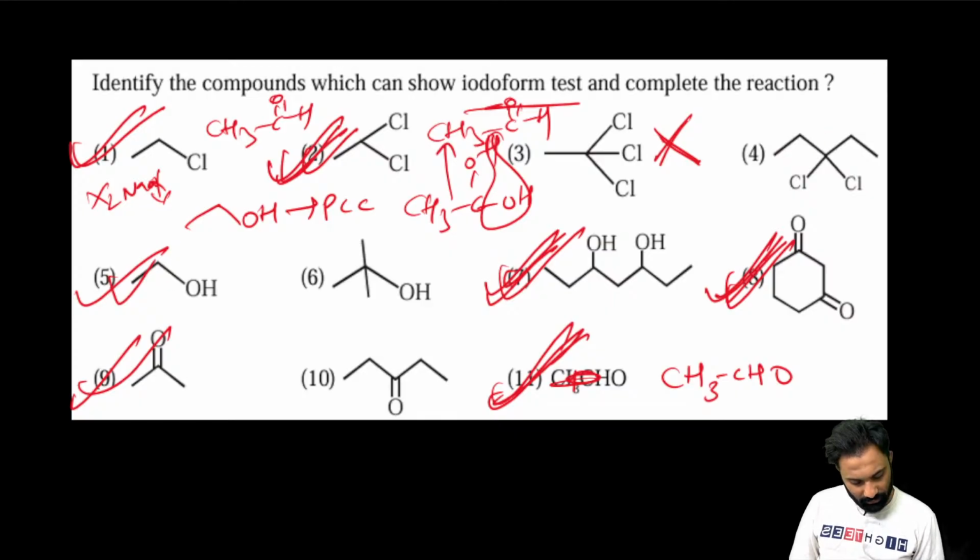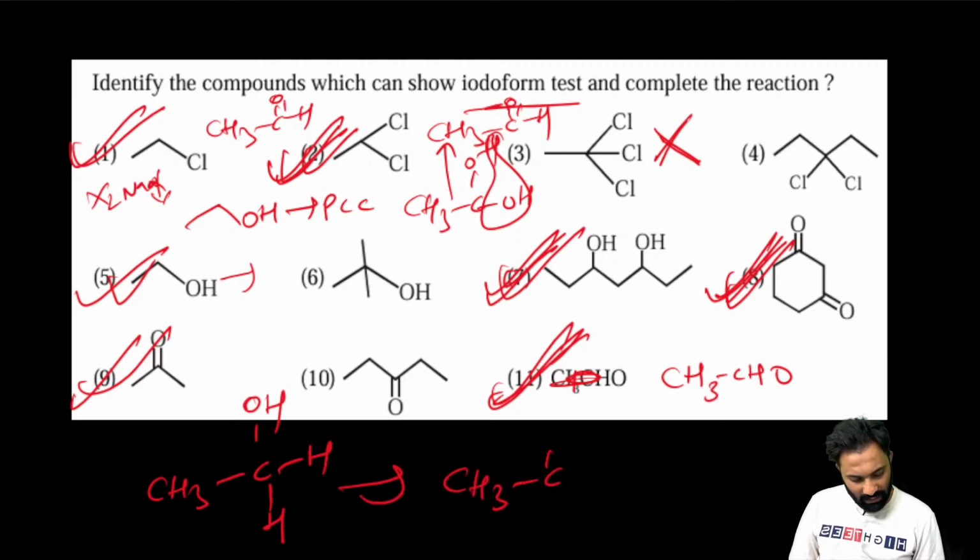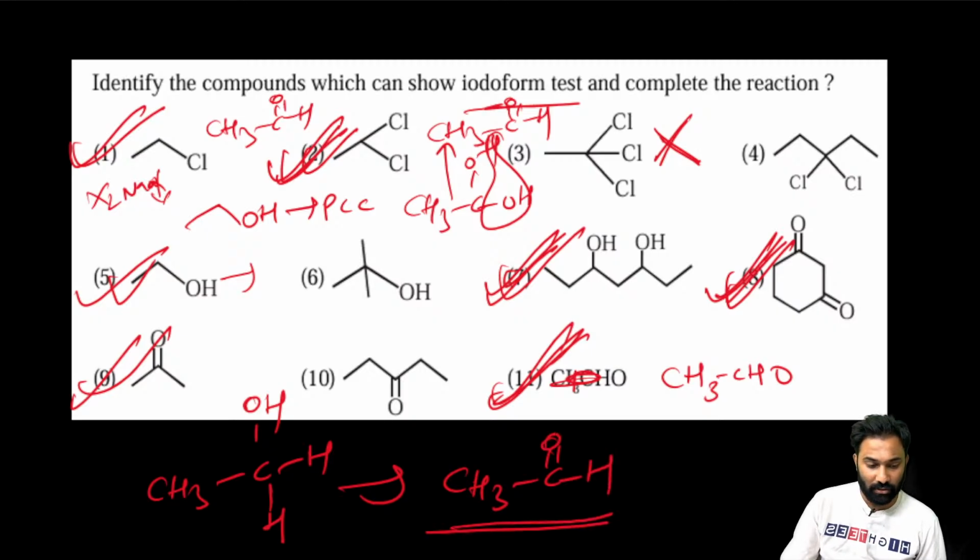Now this one upon NaOH. What I already said, right? If any compound has an OH and one hydrogen, in the presence of NaOH and X2 it will be converted into the aldehyde. What are the compounds that will give the iodoform? 1, 2, 3, 4, 5.